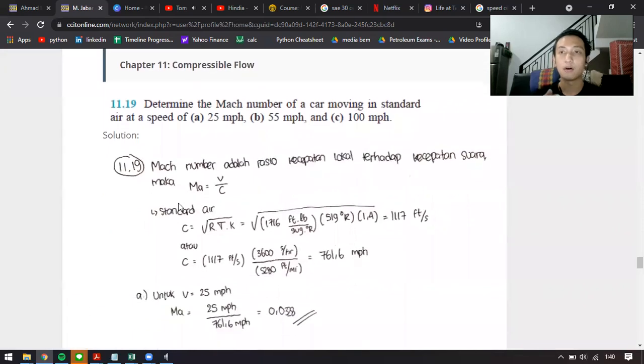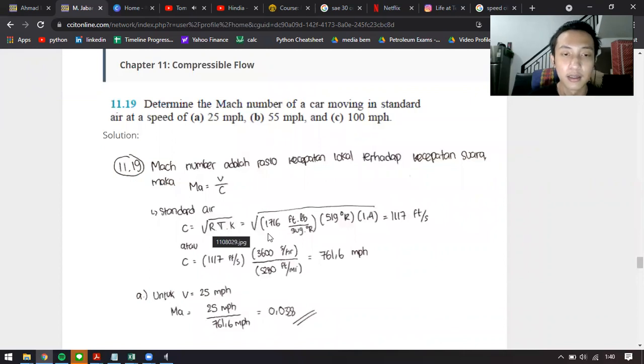We know the definition of the Mach number is the ratio of the local velocity to the speed of sound, so the formula of Mach is V per c. For standard air, we can calculate the speed of sound as the root of k times R times the temperature.